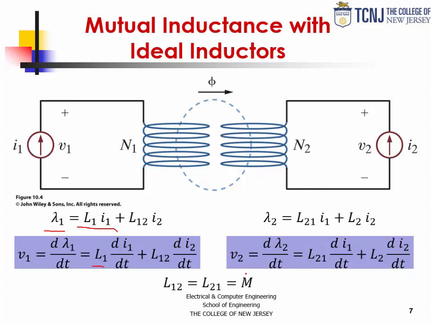And we also established that the mutual inductance, whether you look at it from the primary to the secondary or from the secondary to the primary, are equal, and we're going to call that term M for mutual inductance.